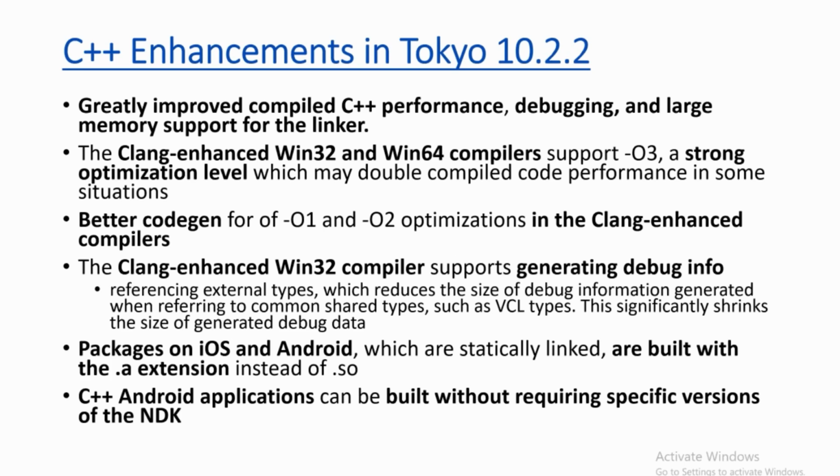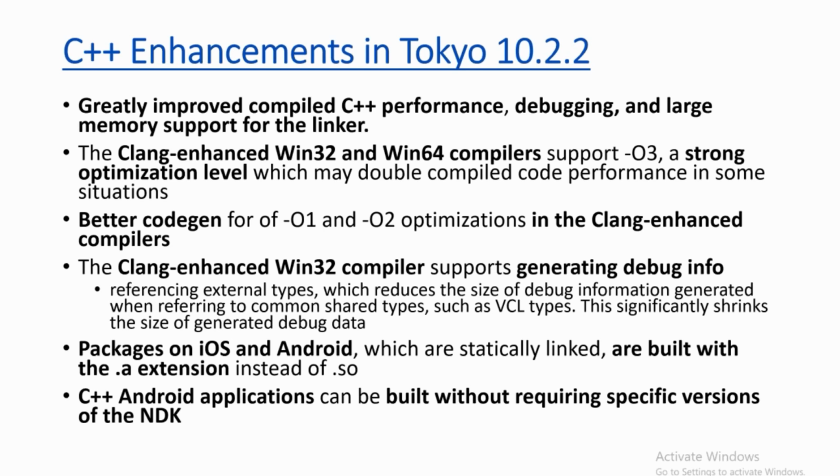So we have added many C++ Builder enhancements to this current C++ Builder 10.2.2, like we see on the slide. For example, the linker is now large address aware, so you should not see any linker errors due to out of memory. We greatly improved the compiled C++ performance, debugging, and large memory support for the linker.